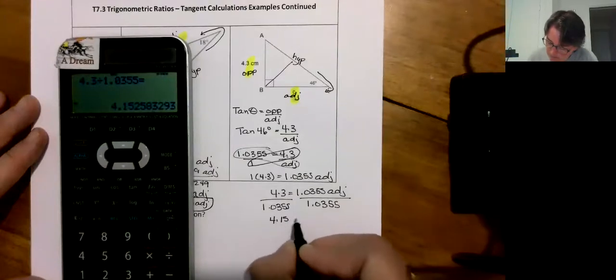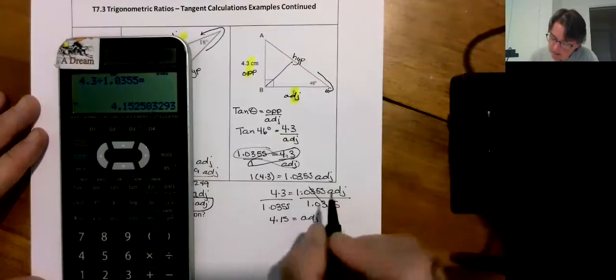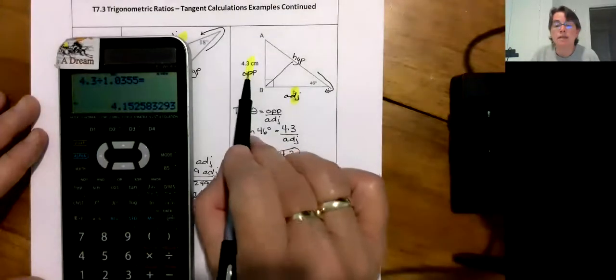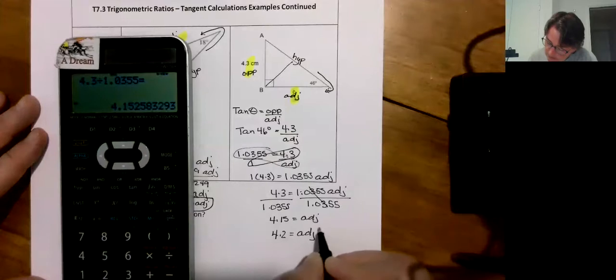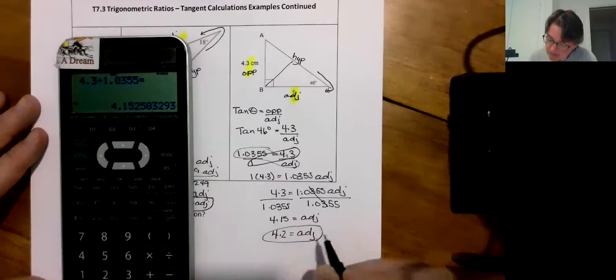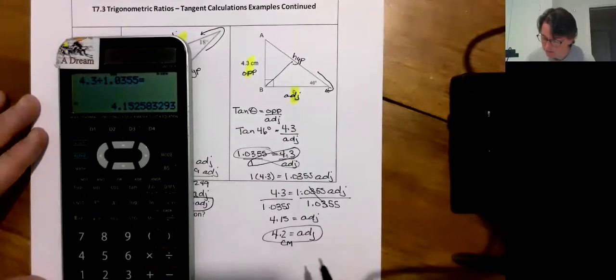I'm going to write that as adjacent, because that cancels out. And looking up here, 1 decimal place, so I'm just going to go 4.2 is adjacent. And oh, that was centimeters, so this should be centimeters too.